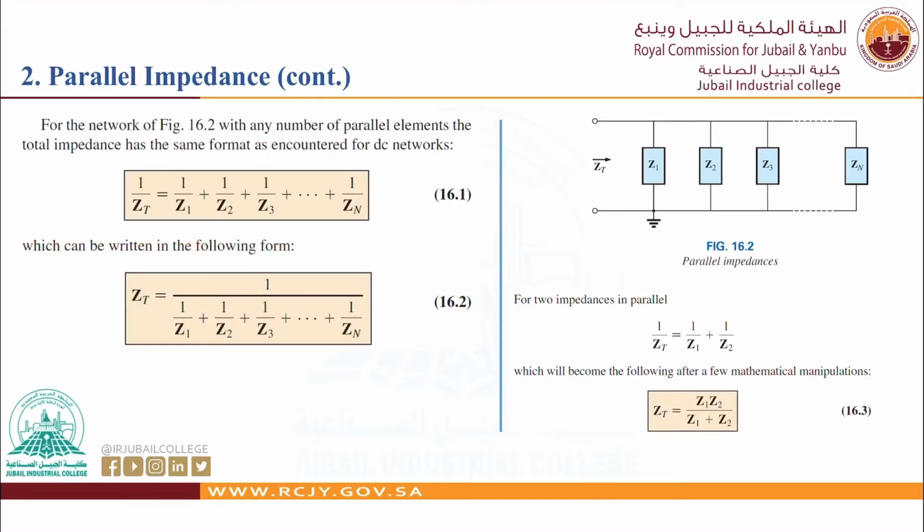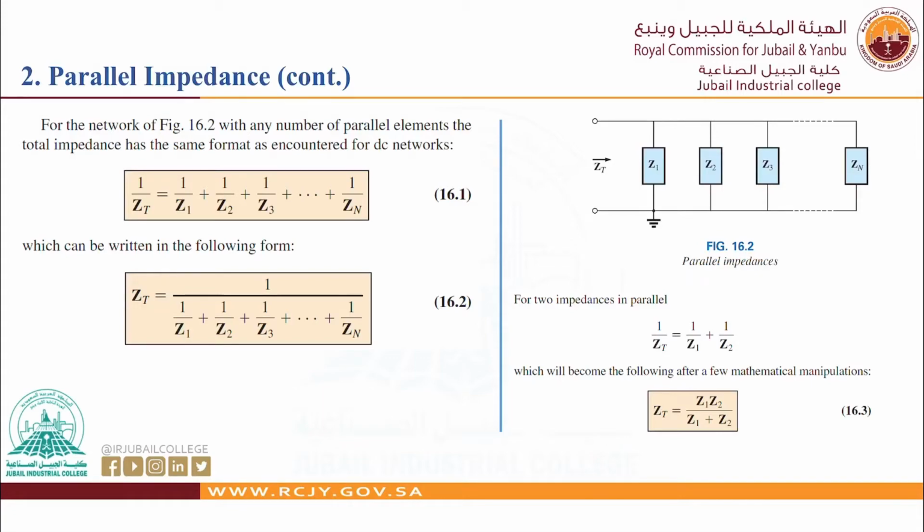Now, before I go to this slide, I want to mention something important: in parallel AC circuits, we need to find the total impedance in order to find the source current. Okay, so we are going to see how to do it. We are going to see some examples, and as you can see here, this is one of the formulas for the parallel circuits, same as circuit 1.